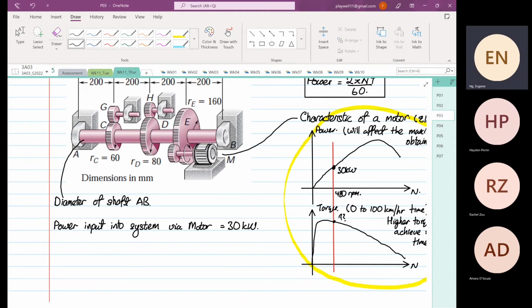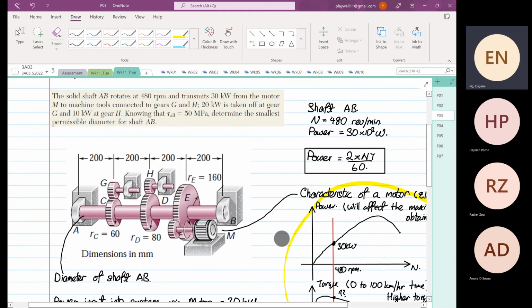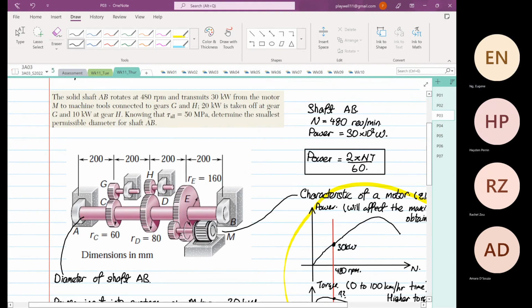Then if you look at the question, the machine connects to gears G and H. So this is gear G, so we have gear G and gear H, right? And one is to take off 20 kilowatt and the other one is 10 kilowatt.